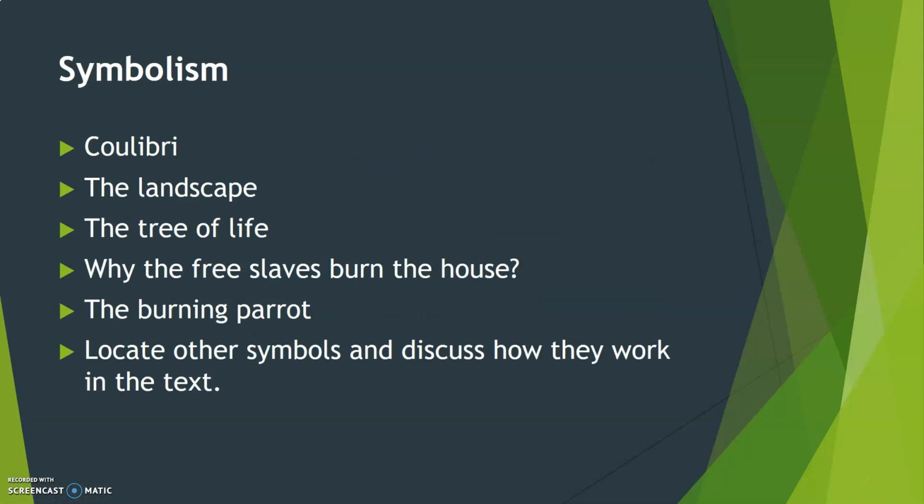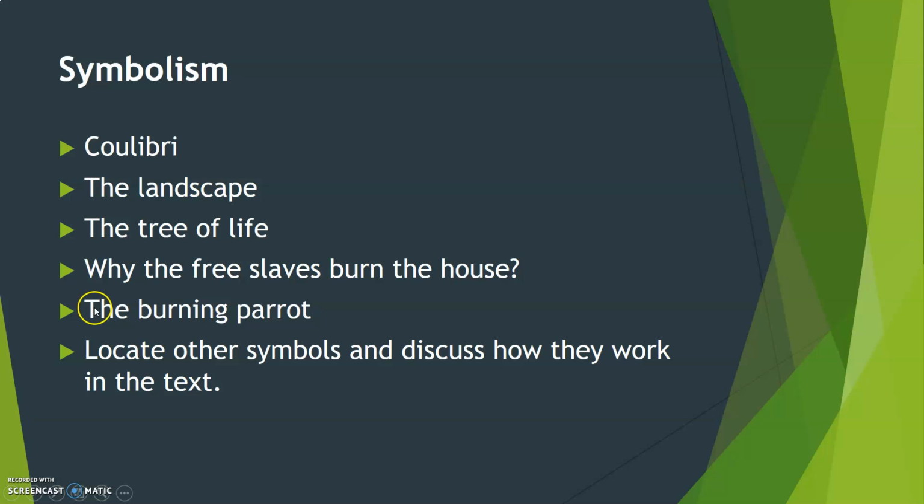There is some symbolism at work in the novel, and you should try to penetrate and see how it works. How is the colibri symbolic? How is the landscape symbolic? How is the tree of life that Antoinette refers to symbolic? Why did the free slaves burn the house?